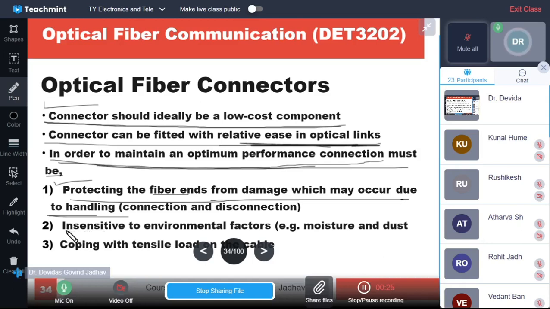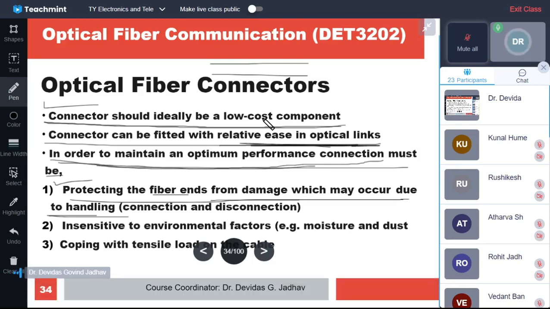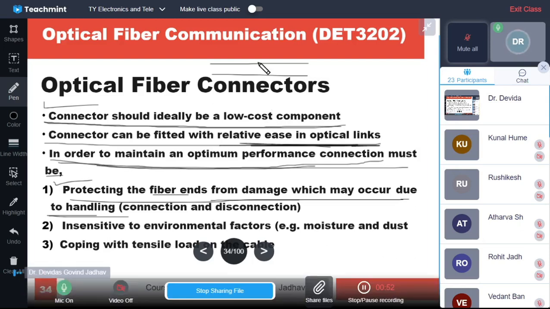And second, the connector should be insensitive to the environmental factors. Now, in the case of a fusion splice, the fiber is melted and becomes continuous, so external environmental factors like moisture and dust will not go into the junction of the two fibers.